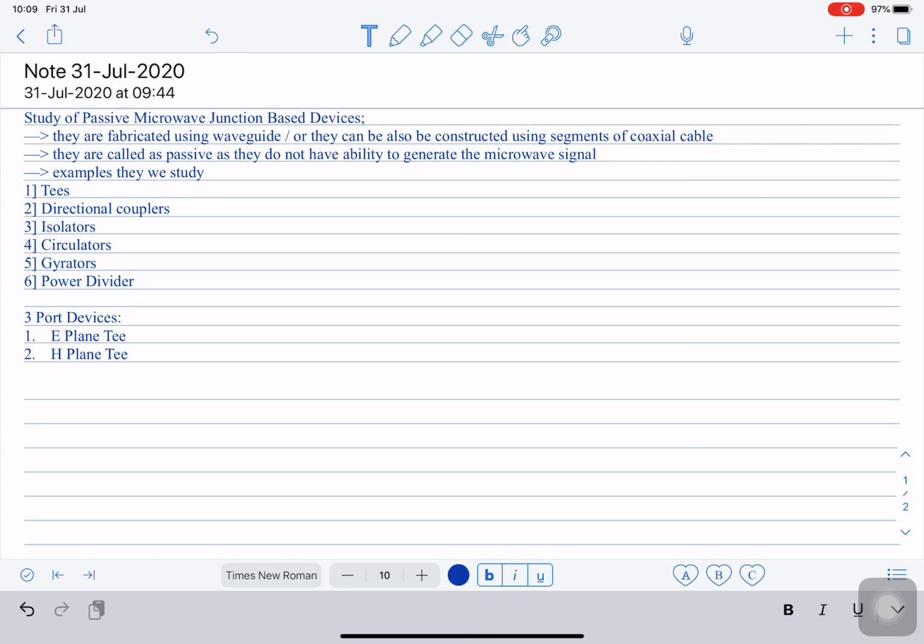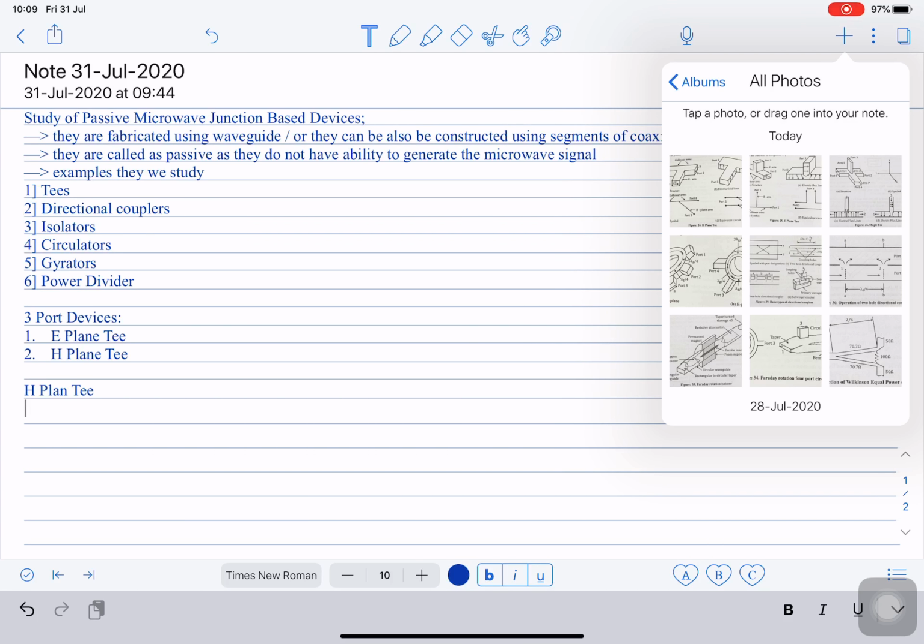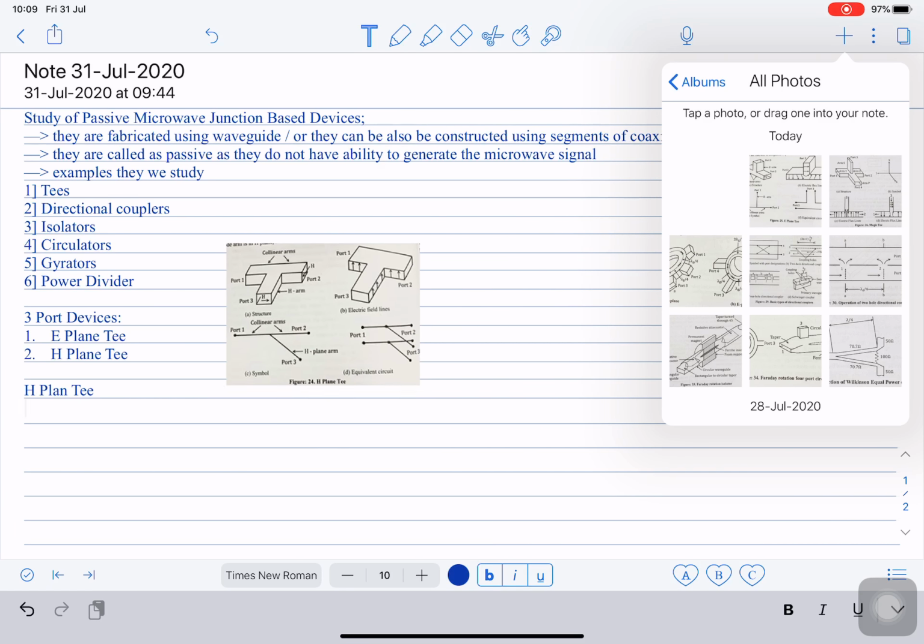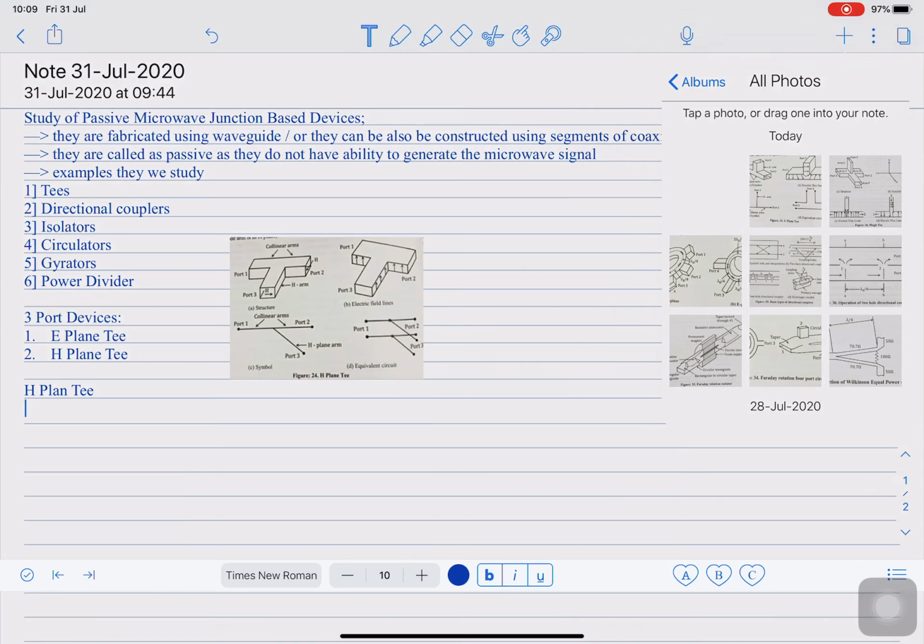Right, now we will see the typical construction of the H-plane T. First of all we will see what is an H-plane T. So what I will do is I will take the image from the library and put the image over here.